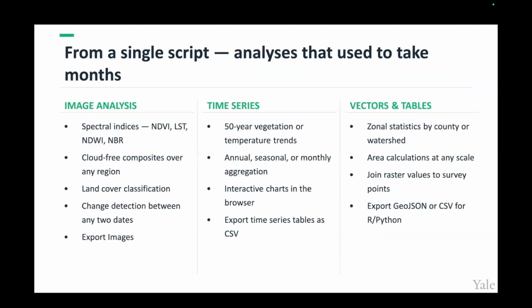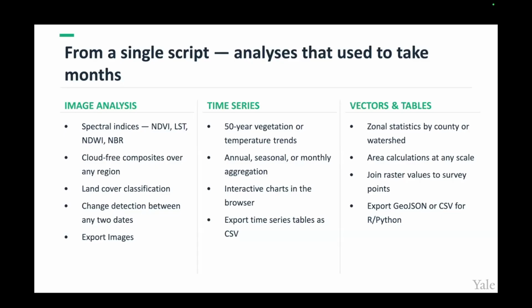So what kind of analysis are we talking about with Google Earth Engine? It's almost everything that we can do with remote sensing, from image analysis to the typical spectral indices, cloud-free composites, land cover classification, and change detection.